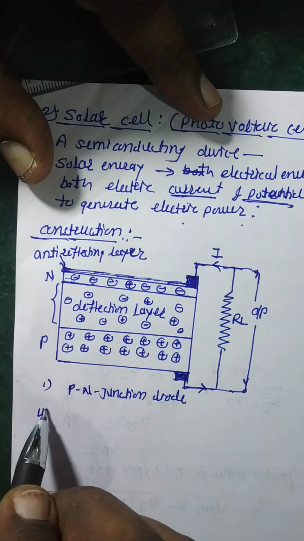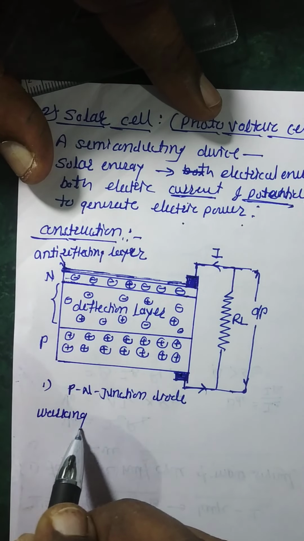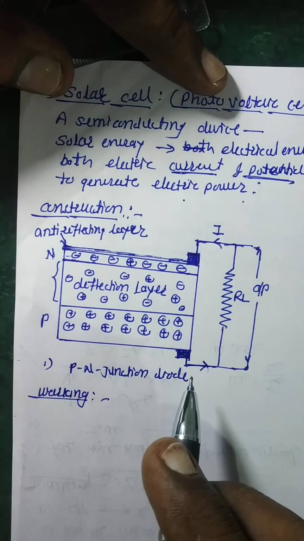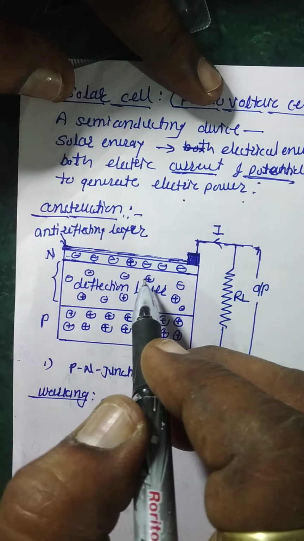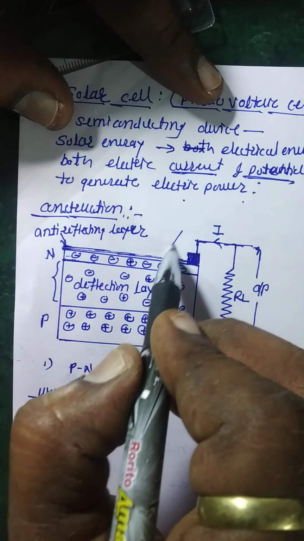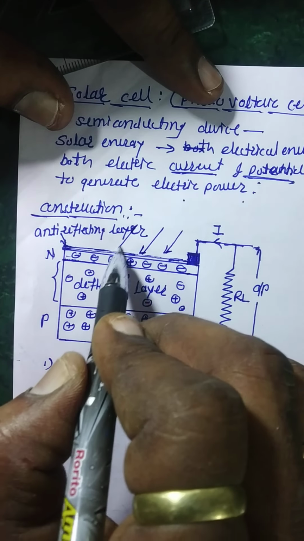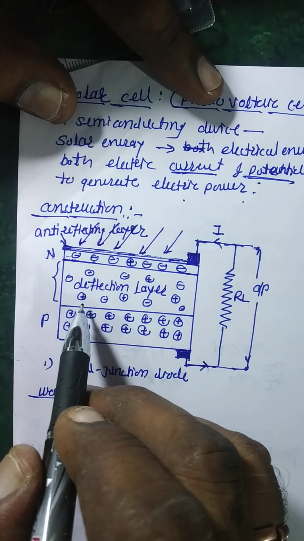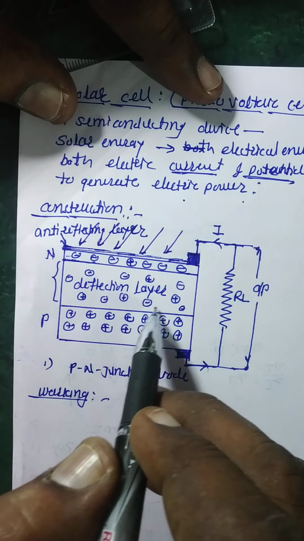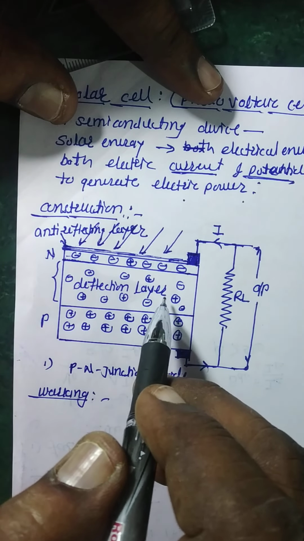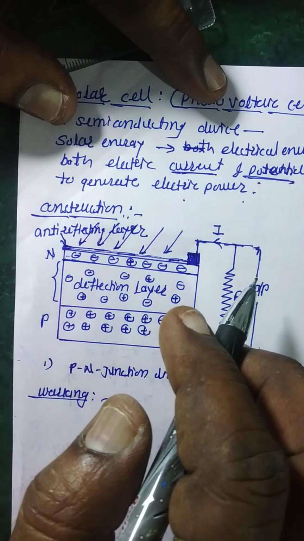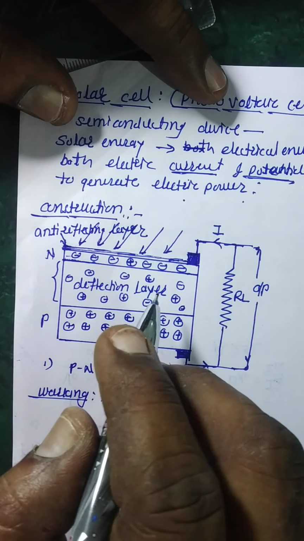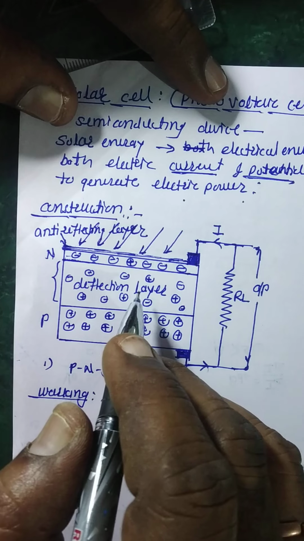Working of the PN junction diode. When light is incident on the solar cell, electron hole pairs are generated in the depletion layer of the PN junction.